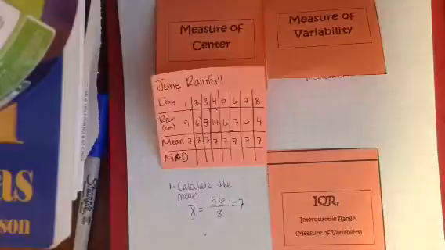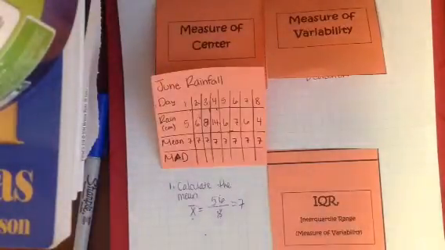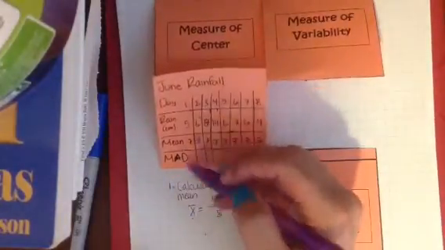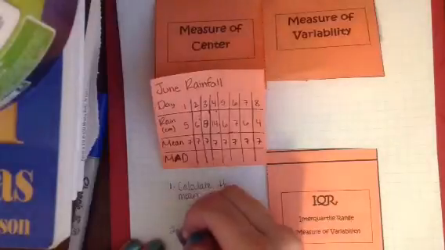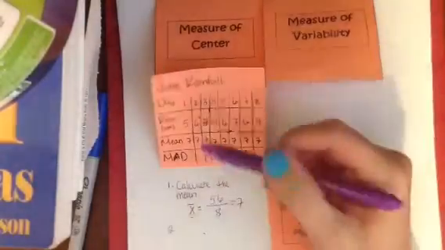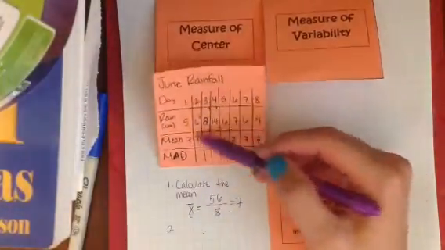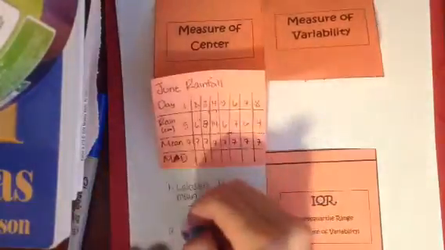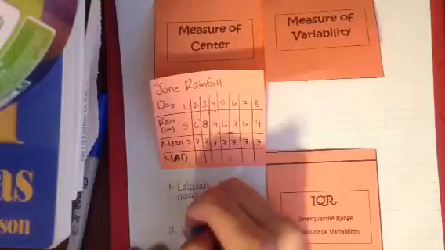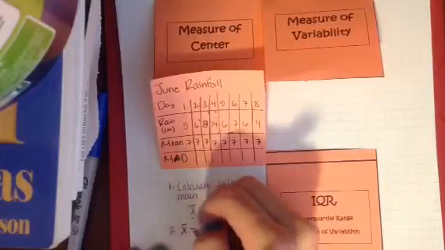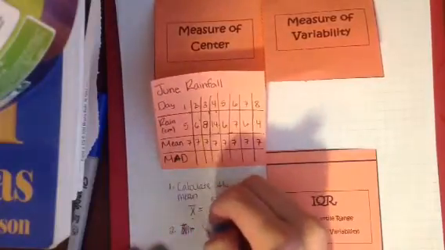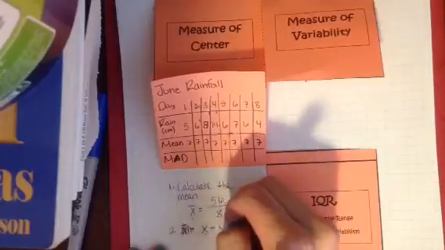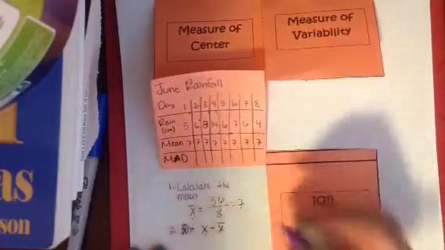Step 2 is to go ahead and actually find the difference between our observed values and our mean. So we are going to calculate x minus x bar.